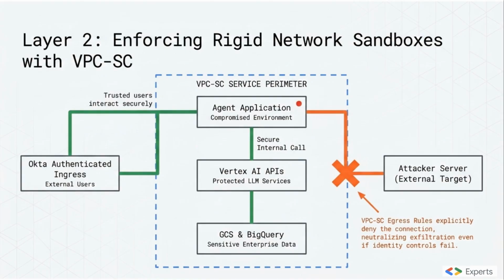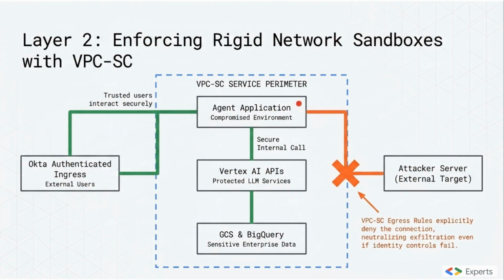Identity alone isn't enough. We also need network isolation. Google Cloud's VPC Service Controls create security perimeters around sensitive services like Vertex AI, BigQuery, and Cloud Storage. Imagine an attacker successfully compromises an AI agent.